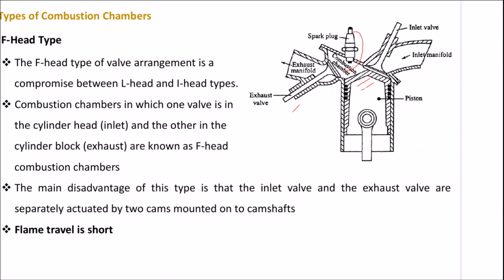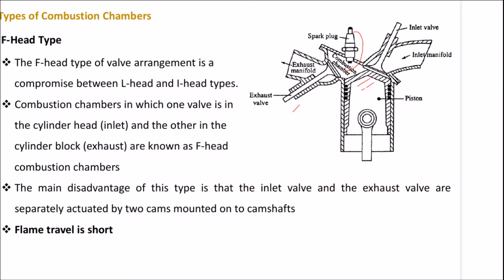It is a double bowl shape. The F type of valve arrangement is a compromise between the L head and I head. Clear? In F type combustion chambers, one valve is in the cylinder head and the other in the cylinder block.